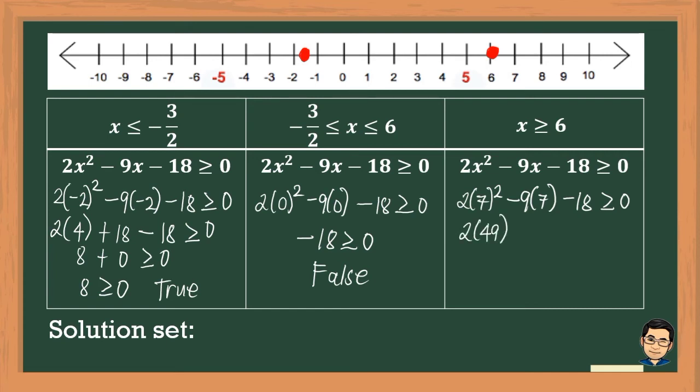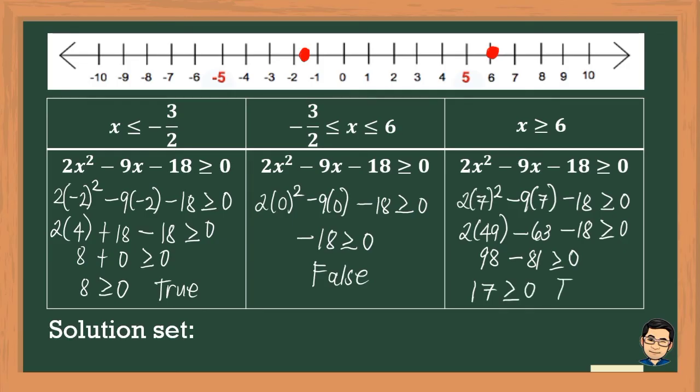Negative 9 times 7, that is negative 63. Minus 18 is greater than or equal to 0. So 2 times 49, that is 98. So negative 63 minus 18, that is negative 81. 98 minus 81, that is 17, is greater than or equal to 0.